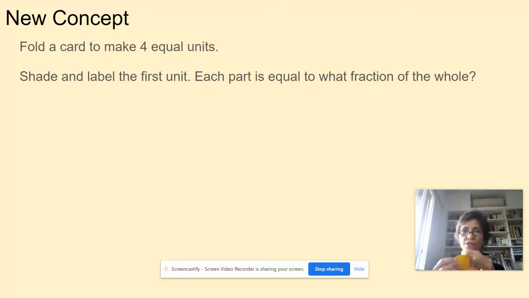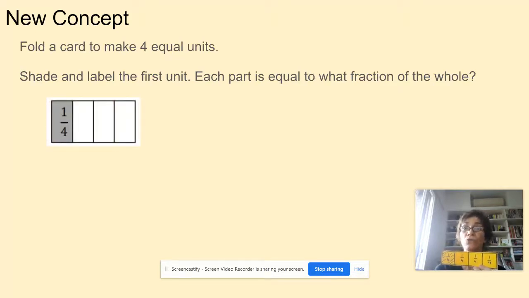So that's fourths. It says shade and label the first unit. I actually labeled all of them. I shaded in 1 part. I divided my whole into 4 equal parts, so each of these is 1/4. And I shaded in 1/4.